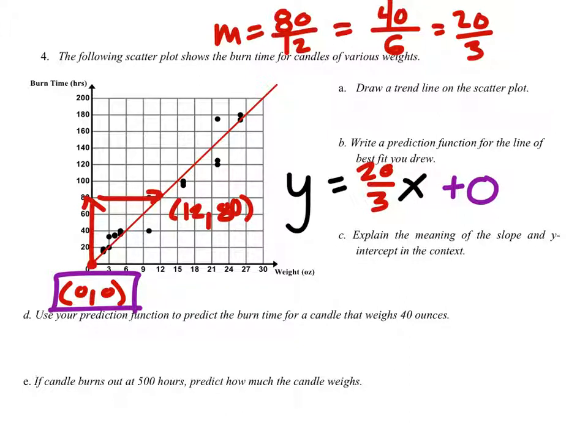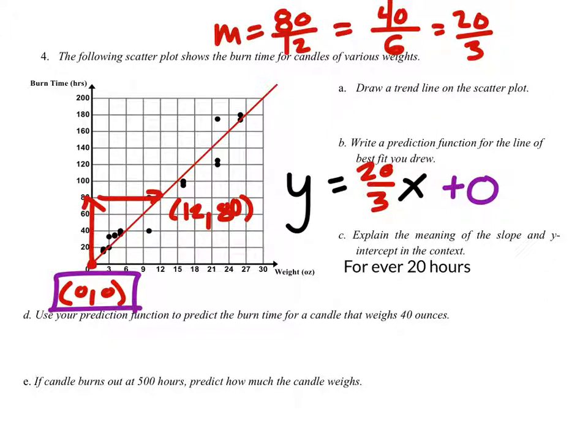Explain the meaning of the slope and the Y-intercept. Alright, so this is a word problem, so we can write the context on it. Let's start with the slope. Forever, what do we got? 20 hours? 20 hours.